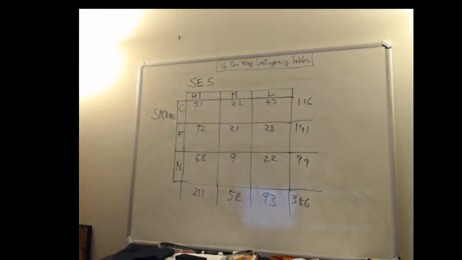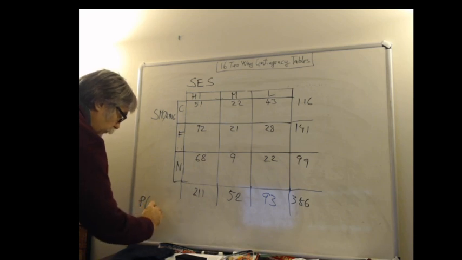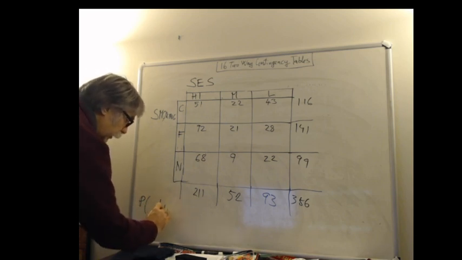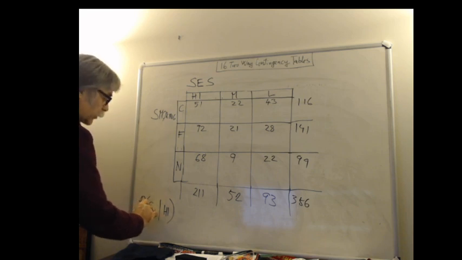So, again, just like before, you can use conditional probability to give you some information. What is the chance the person with a high income is going to be smoking? Okay, so now you have 211 of them. So this is the probability that somebody whom you know has a high socioeconomic status is also a current smoker.